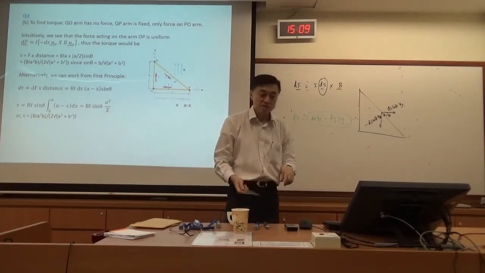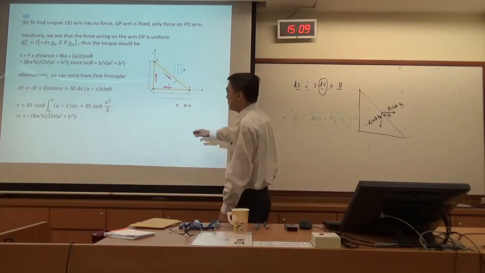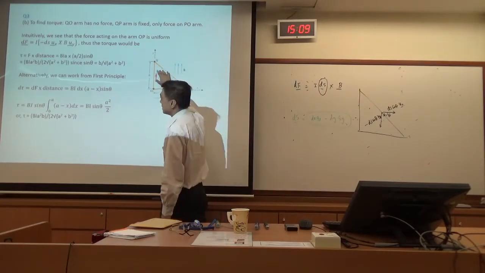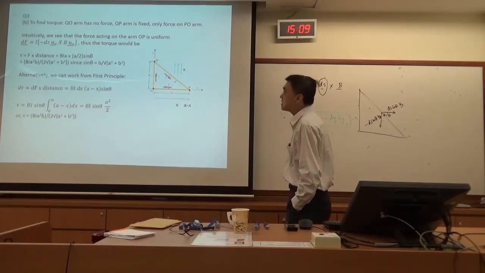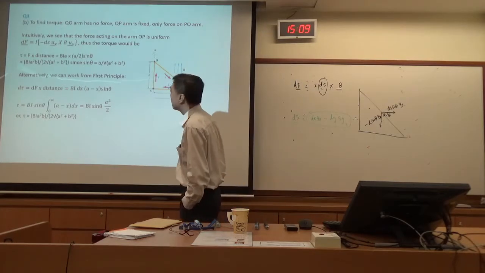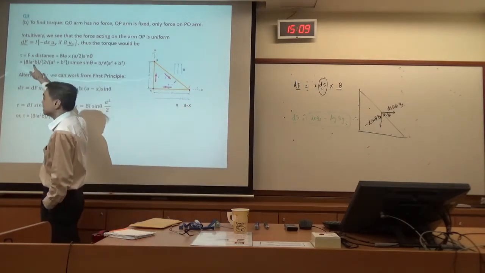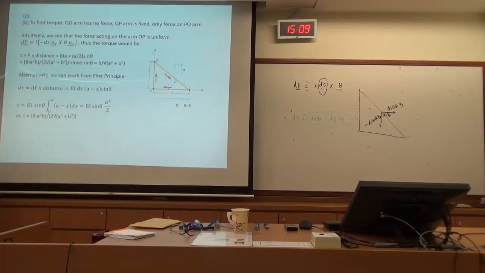Now, to do the torque, you can do it by using the first principle or using the result that is already known. We see that the force acting on the arm OP is uniform. Why? Because you see, dF is equal to I ds dx cross B u_y.